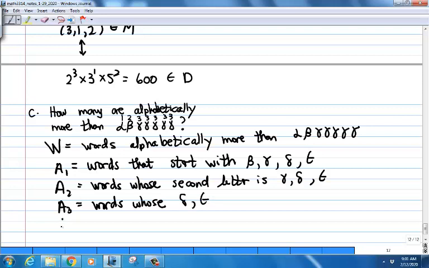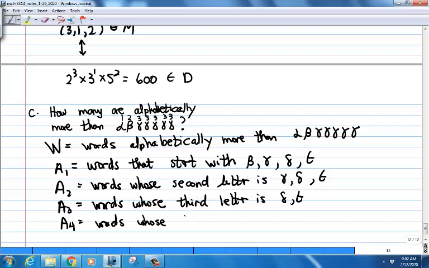And then so forth, right? So this is third letter, so let me write that down: delta or epsilon.